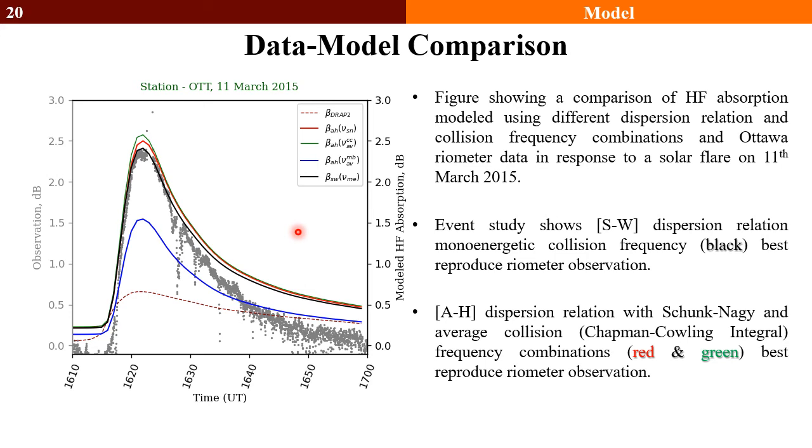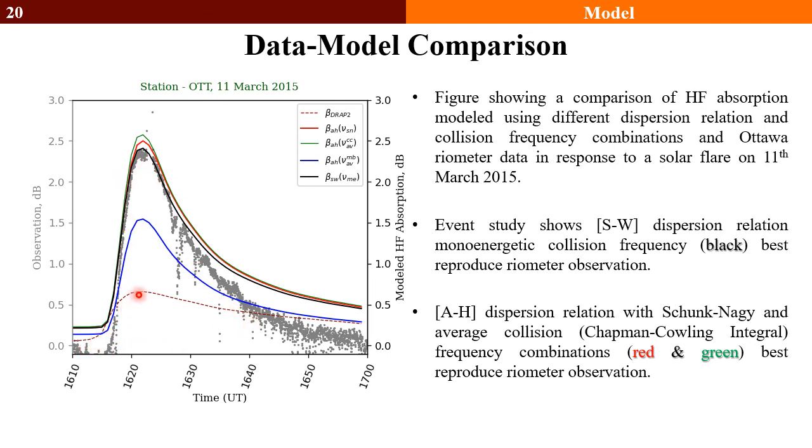So here is the data-model comparison. The figure on the left shows a comparison of HF absorption using different dispersion relation and collision frequency combinations, and Ottawa riometer data in response to the solar flare of 11th March. The dots in gray are the data from the riometer.